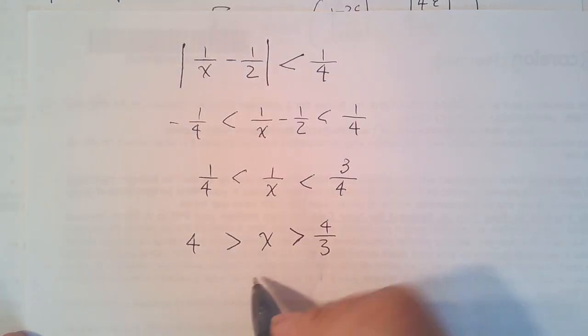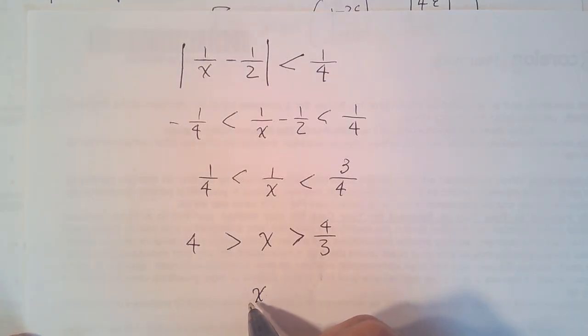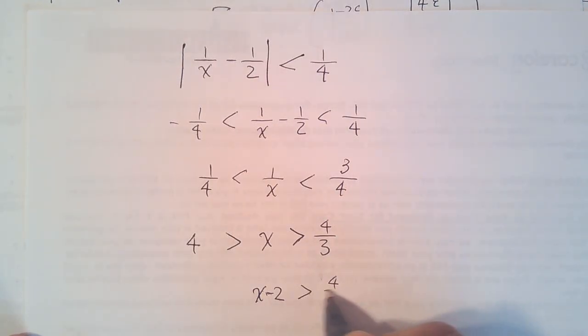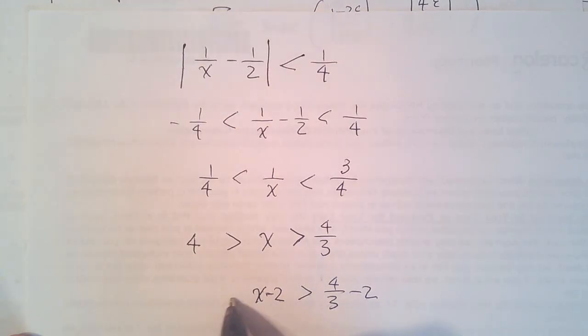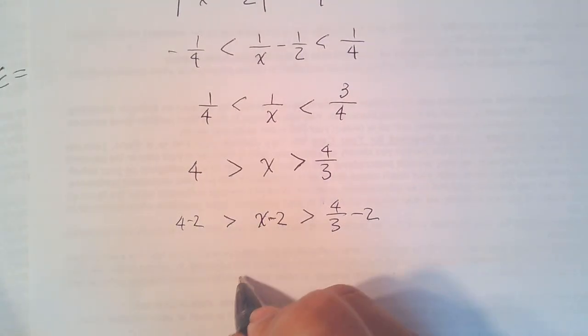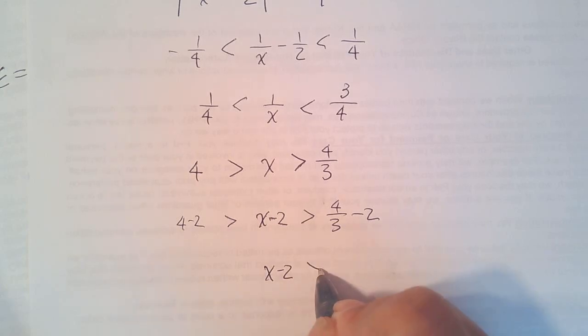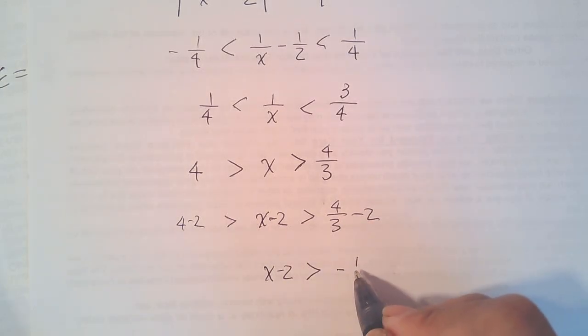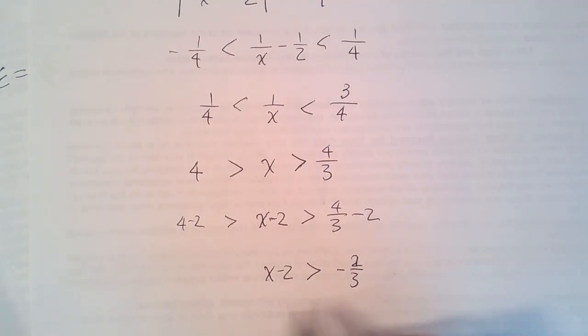All right, and then I want x to approach 2, right? So minus 2. So that will become 4 over 3 minus 2, and here will be 4 minus 2. So I have x minus 2 is greater than negative 2/3, and less than 2.